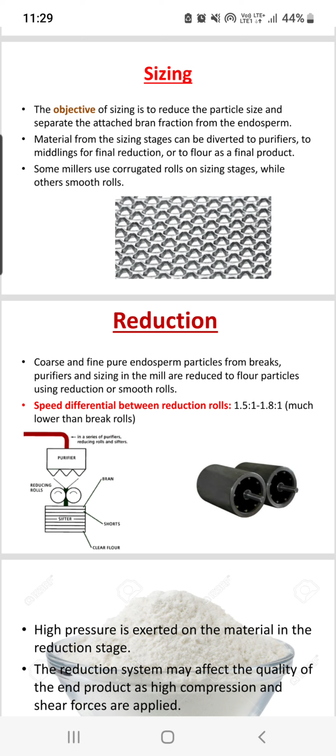In reduction and smooth rolls, we can convert the break particles or pure endosperm into the fine flour particle that is used in the different kind of processes in bakery, at home, and for conversion of the flour into different food goods.